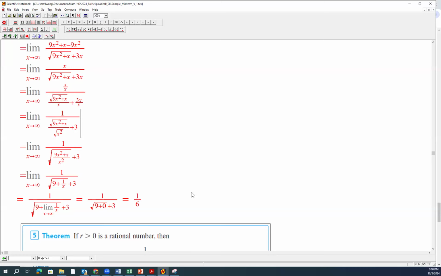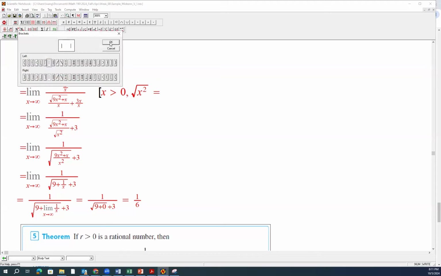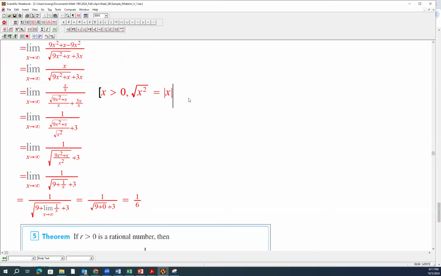Because x is approaching infinity, x is positive, so the square root of x squared equals the absolute value of x, which is the same as x.